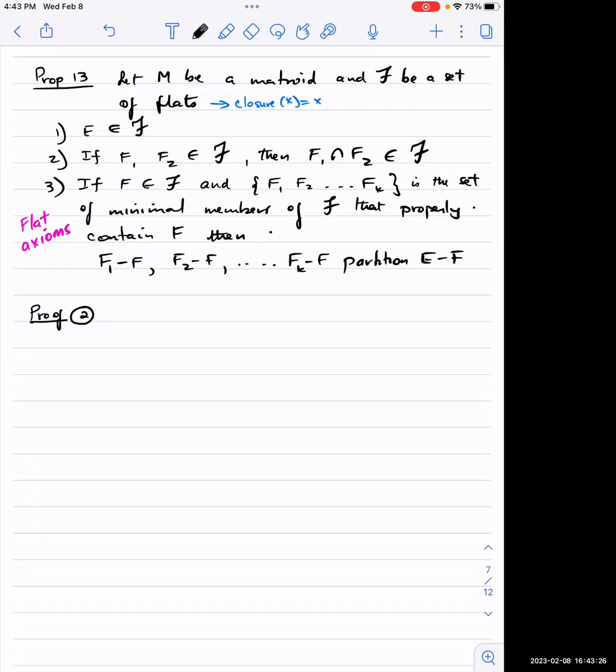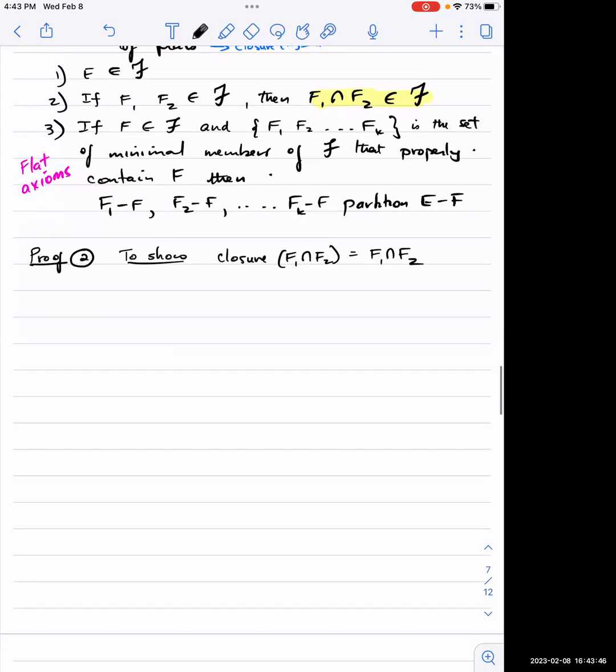So we want to show that F1 intersection F2 is a flat. That means to show that it's a closed set, right? So closure of F1 intersection F2 is equal to F1 intersection F2. So in the geometric lattice presentation of a matroid, all the entries are flats.